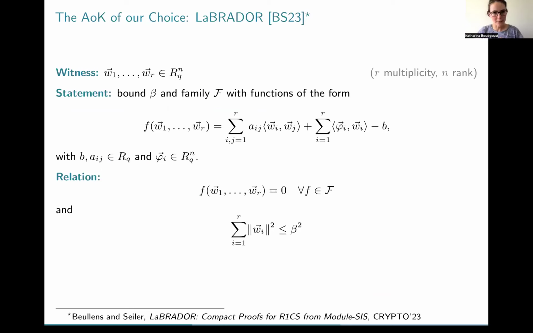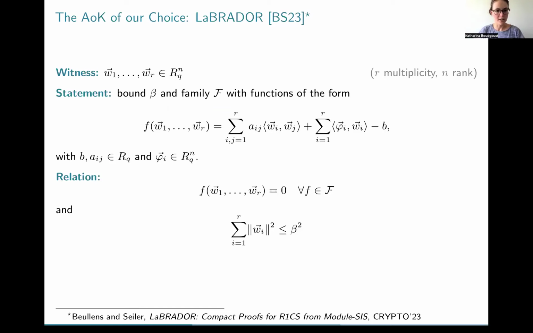Labrador is an argument of knowledge that works for any NP language, and you can express any language with R1CS constraints and then translate it to the Labrador native language. But our hope was that we can stay in the native language of Labrador.